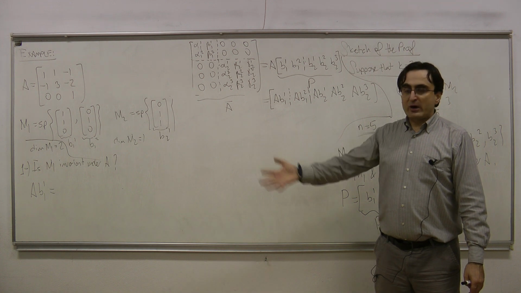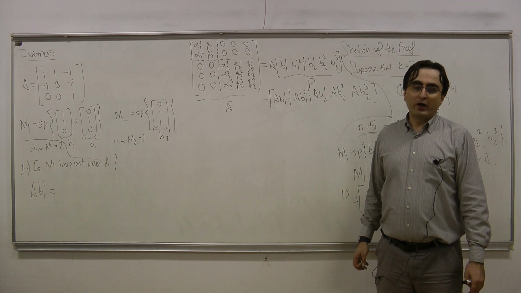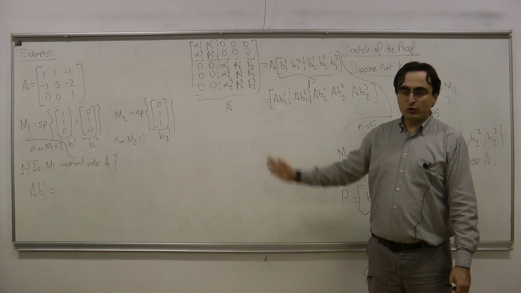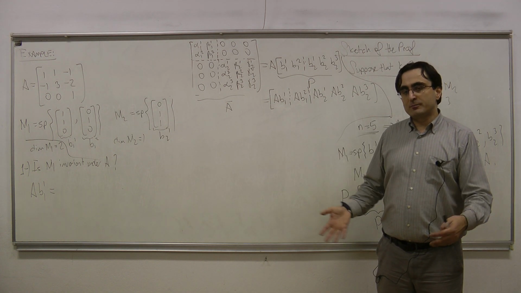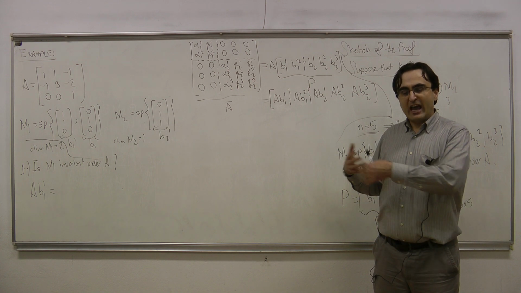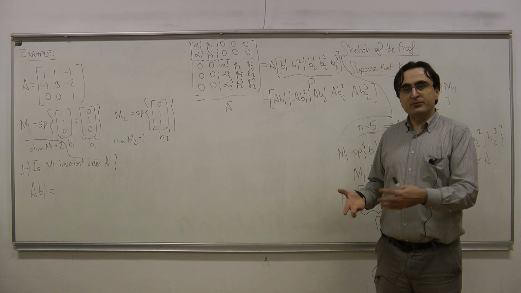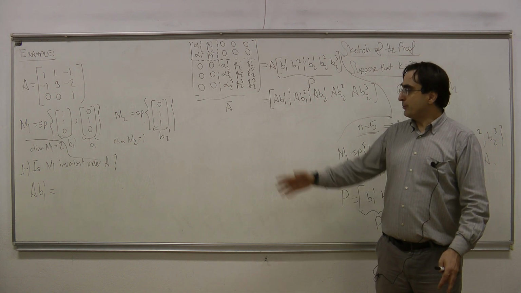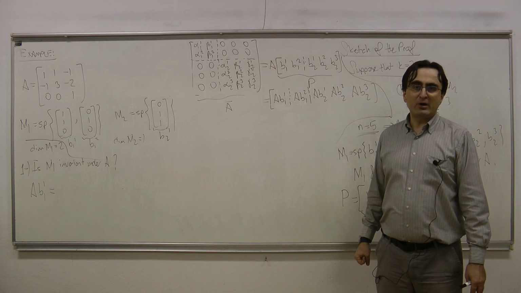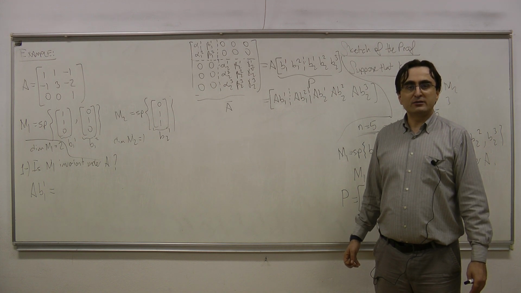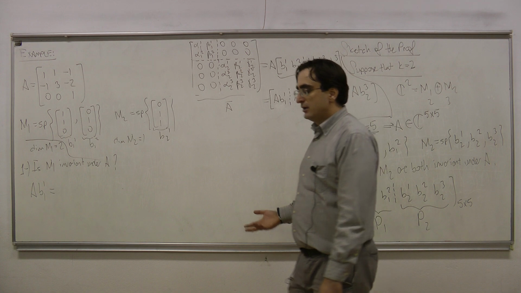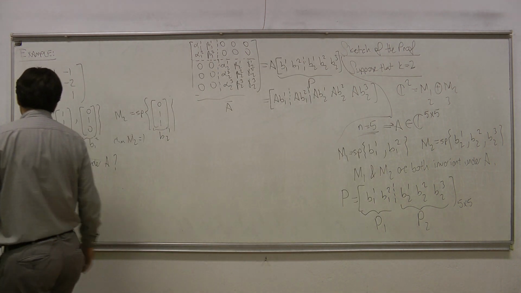If the new vector is not in M1 anymore, then M1 cannot be invariant under A. I will multiply each of these basis vectors with A, and then check if the results are still in M1 or not. If all of them are in M1, then M1 is invariant under A. If at least one of them is not in M1, then M1 cannot be invariant.